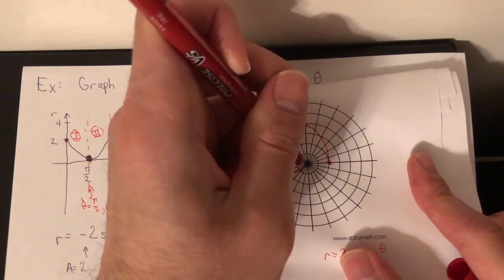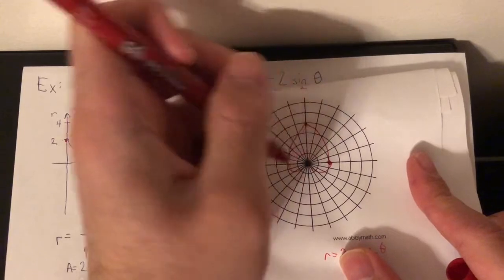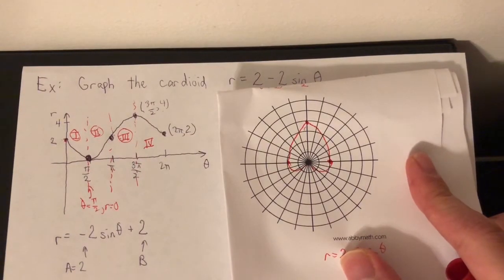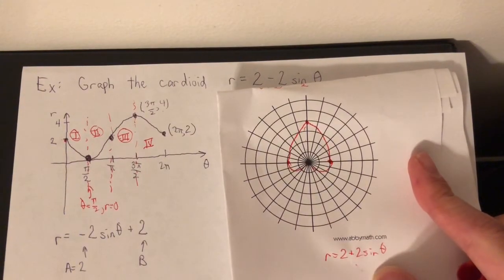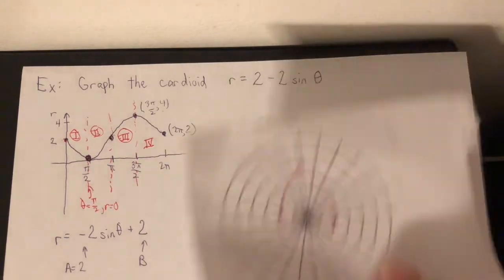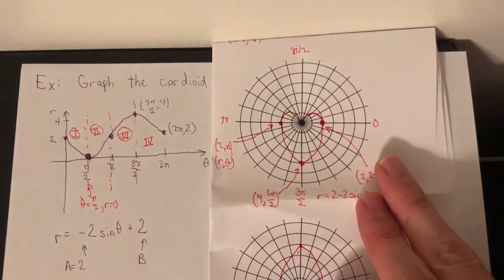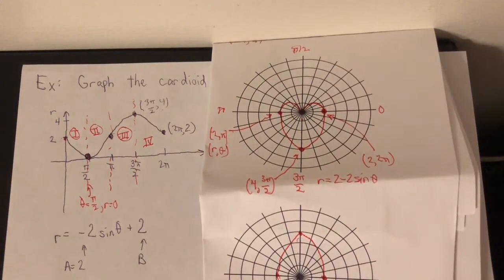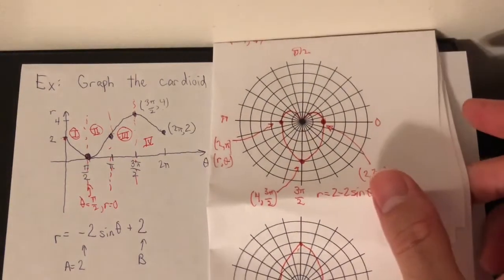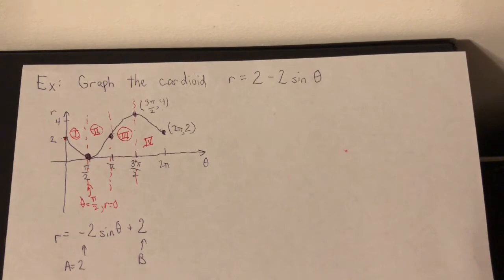So just a quick sketch here. So you get this sort of image for 2 plus 2 sine theta. Cardioid's going to open up or down for a sine function. And as we'll see in a few moments, the cosine versions of this are going to open to the left and to the right.